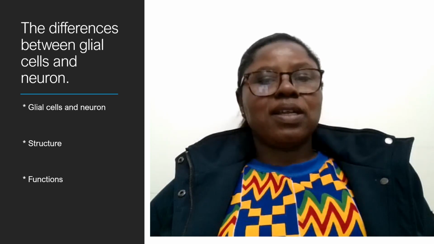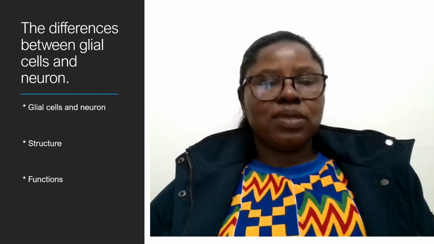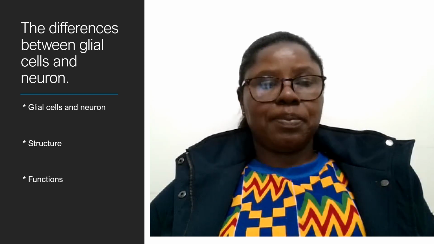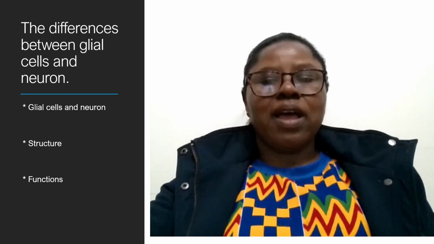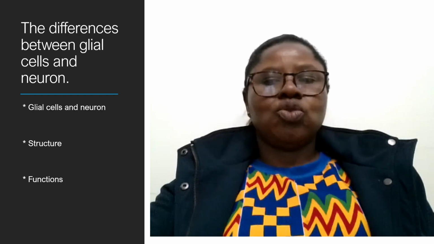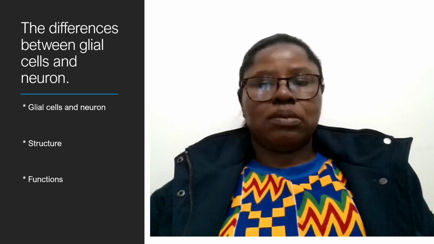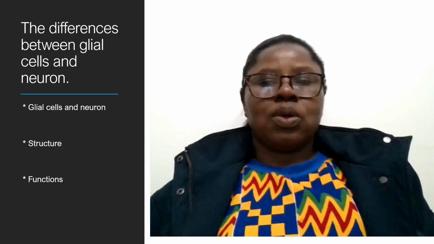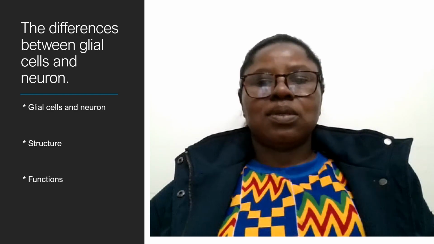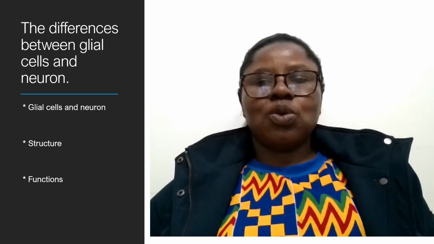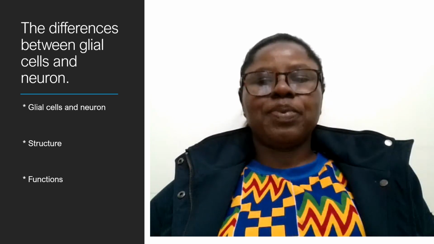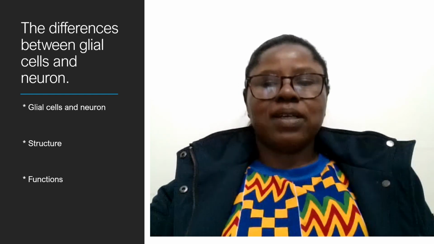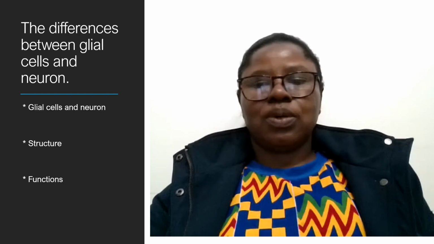The structure of the neuron is on the right. There are so many functions that help the brain to work well. Glial cells have many ways of helping the neurons to perform a given task.